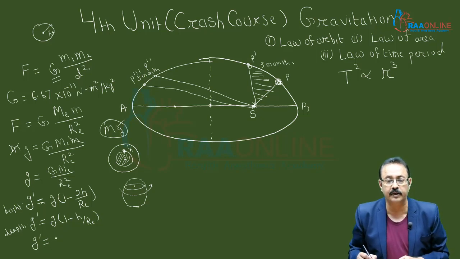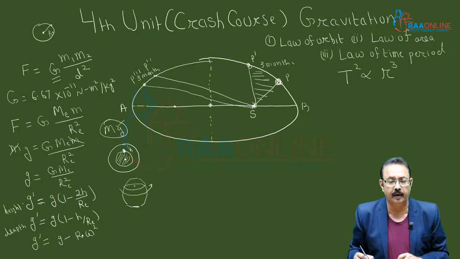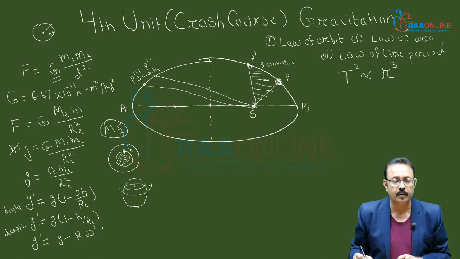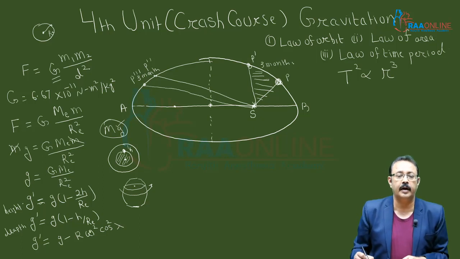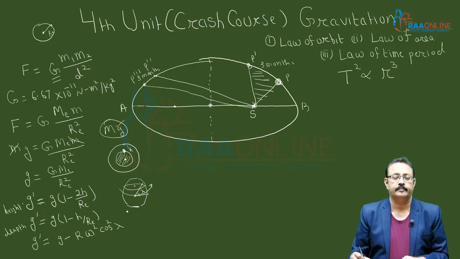According to the formula, g dash is equal to g minus R omega square cos square lambda. Lambda is the latitude. See, this angle is known as lambda.